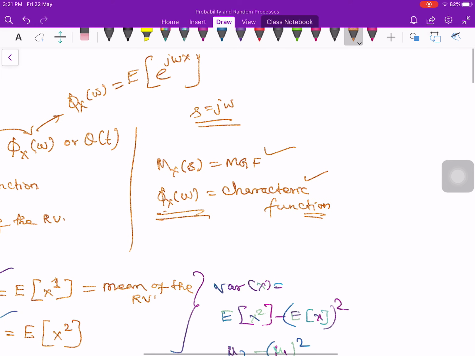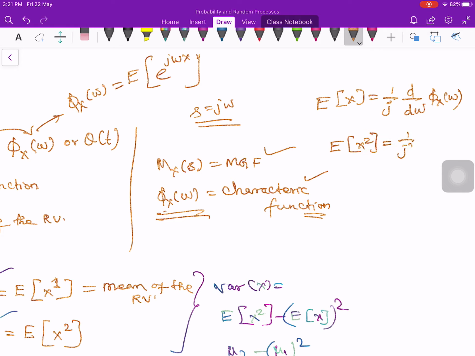That means E of X equals 1 by j times the first derivative with respect to omega of phi X of omega, and the second order moment is given by 1 over j squared times the second derivative with respect to omega of phi X of omega.